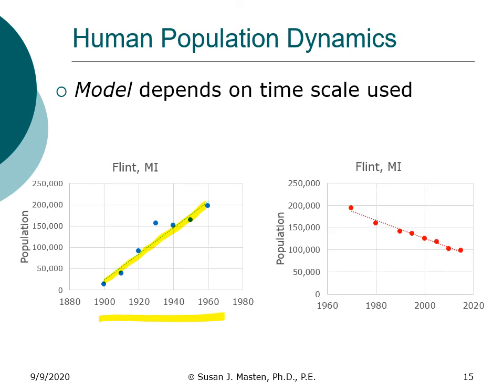On the other hand, if we look at the population from 1970 to roughly 2010, what we see is that it is actually declining. So be very, very careful when developing these population predictions to consider the time scale that you're using.